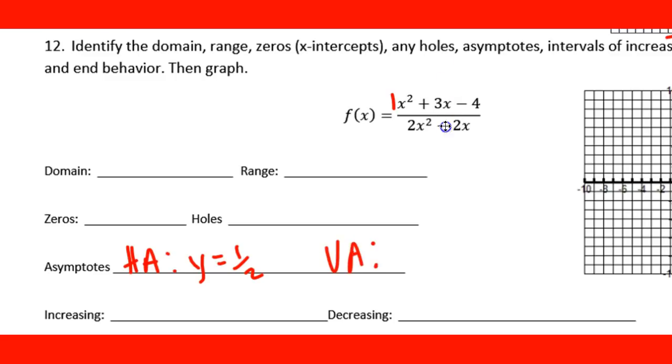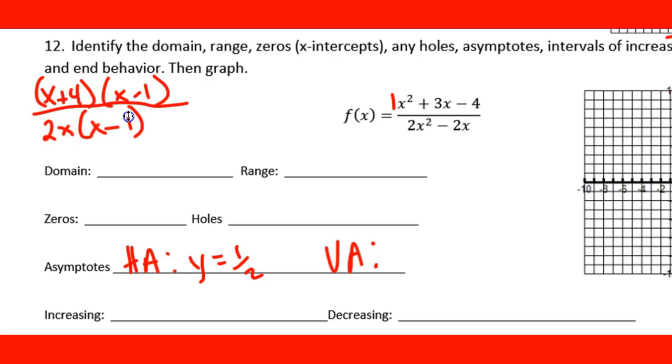And now we're going to factor this to have, let's see, x plus 4, x minus 1, all over 2x times, and I factor out the GCF down here, so factor out 2x, you have x minus 1. All right, see, look, 2x times x is 2x squared, 2x times -1 is -2x, so I factor out the GCF.